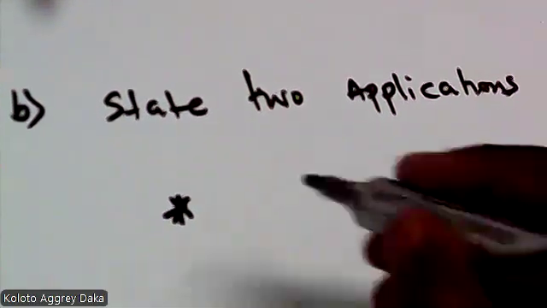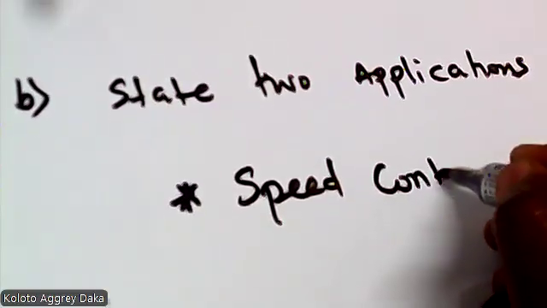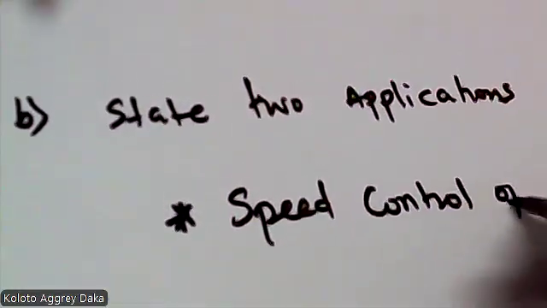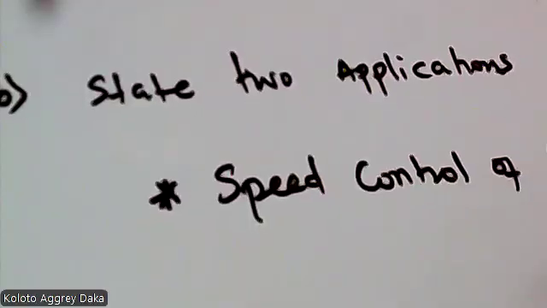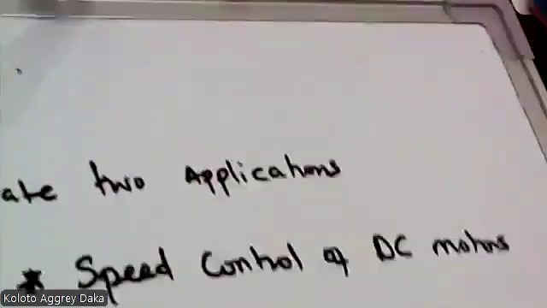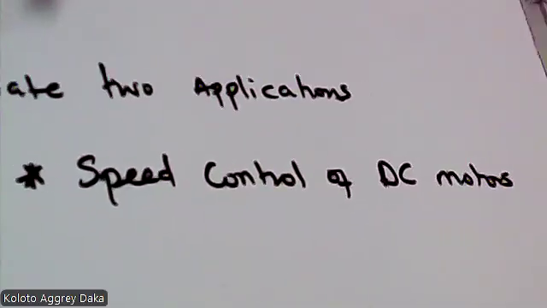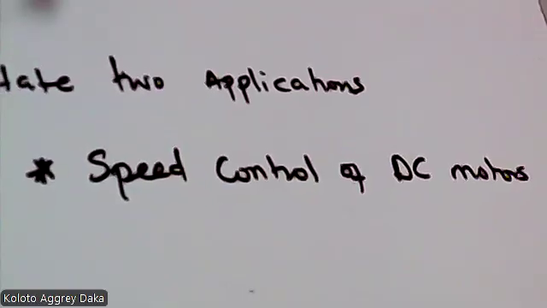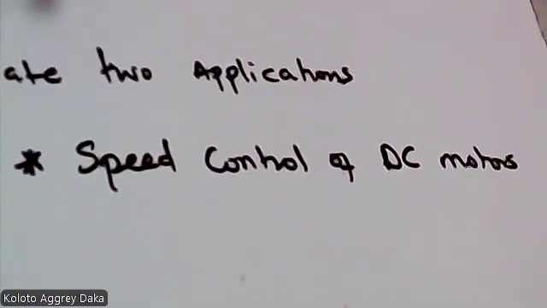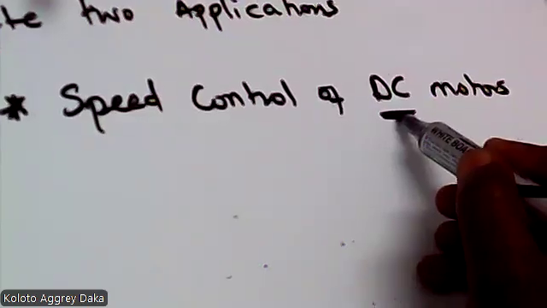You can just say speed control of DC motors. Yes. Don't just say motors, say DC motors, because power electronics can only control DC motors, not AC motors. So this is very important. Yes, sir. DC motors.